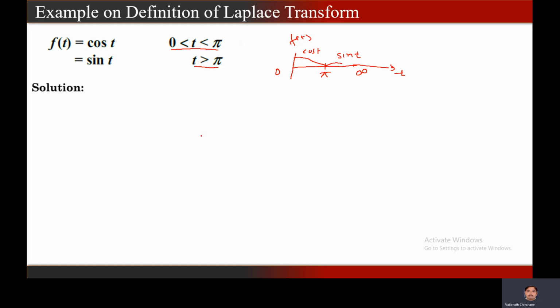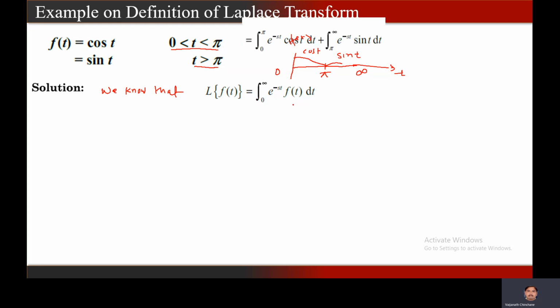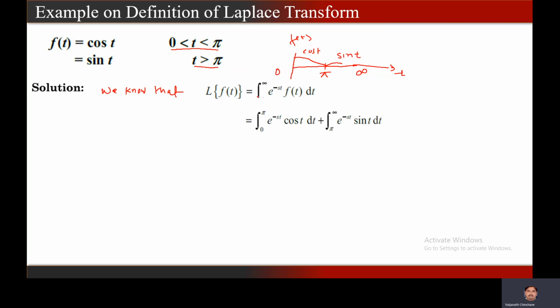Again, we know that the definition of the Laplace transform is L of f of t equal to the integration from 0 to infinity of e raised to minus st f of t dt. We split this 0 to infinity as 0 to pi and pi to infinity according to the given condition.